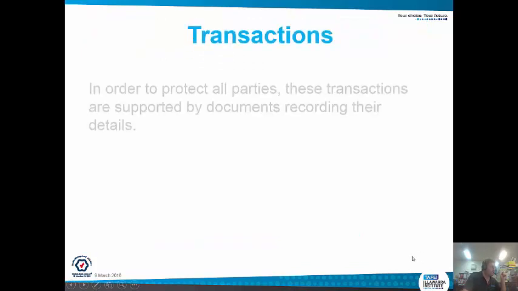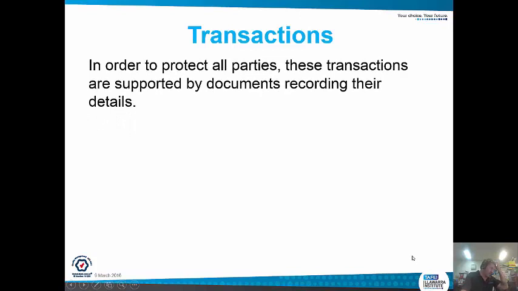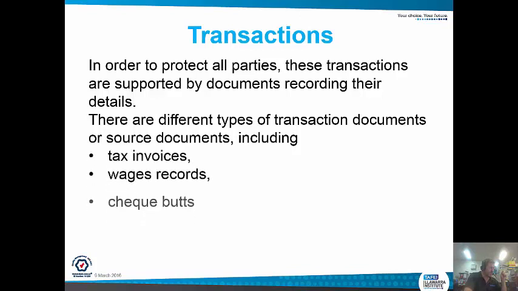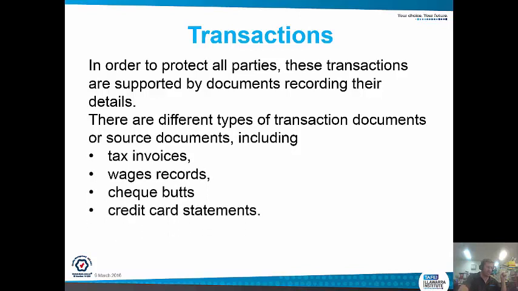Transactions. In order to protect all parties, these transactions are supported by documents recording their details. Okay, so there's no more the old-fashioned handshake or she'll be right, mate. Now, there are different types of transaction documents or source documents, which is what they're better known as, and they include your tax invoices, wage records, cheque butts, credit card statements or your bank statements.